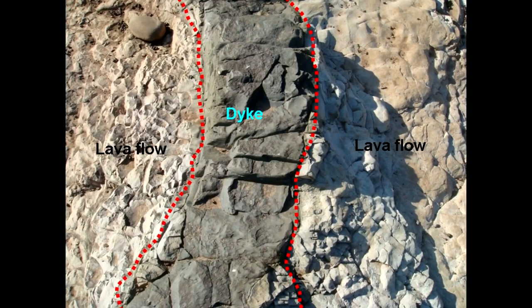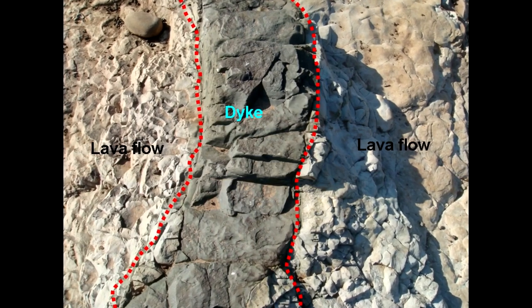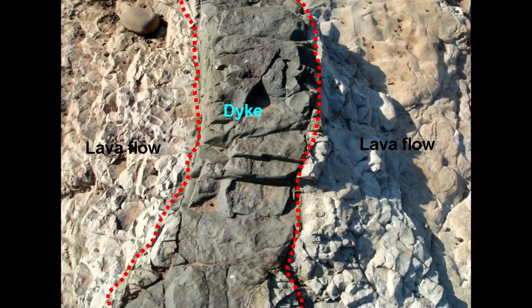So, this is also one of the evidences that the Narmada-Son lineament controlled the dike activity in the Deccan volcanic province.